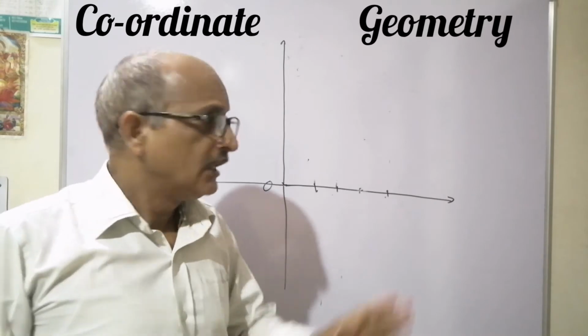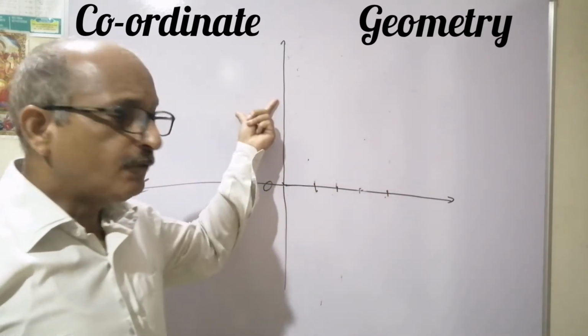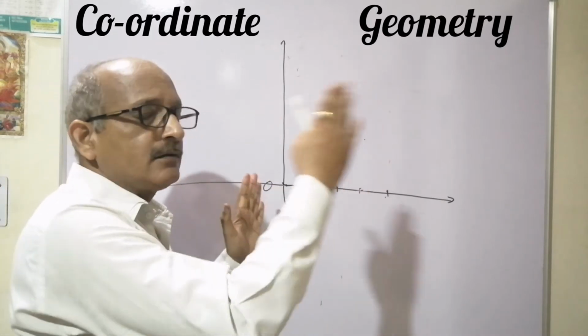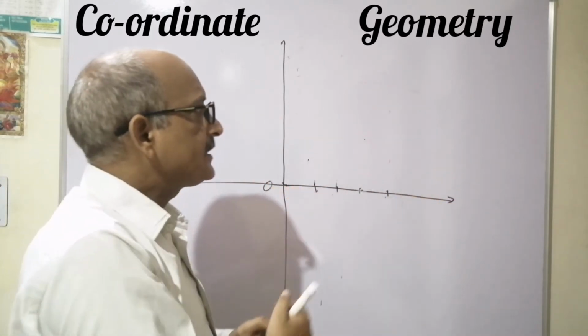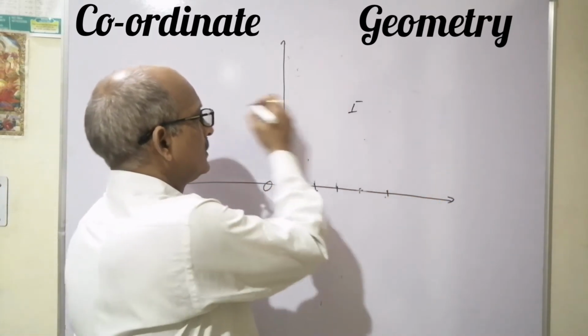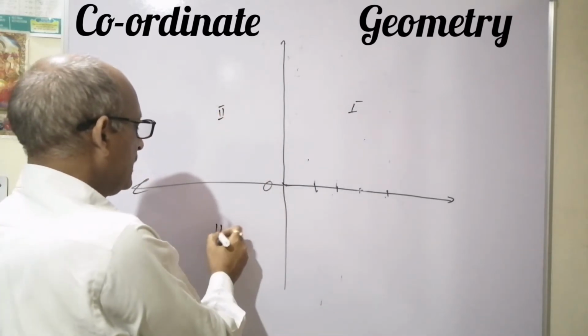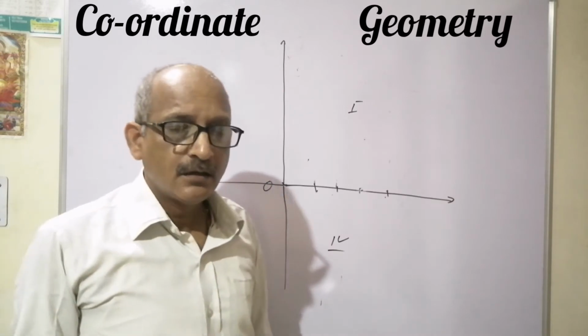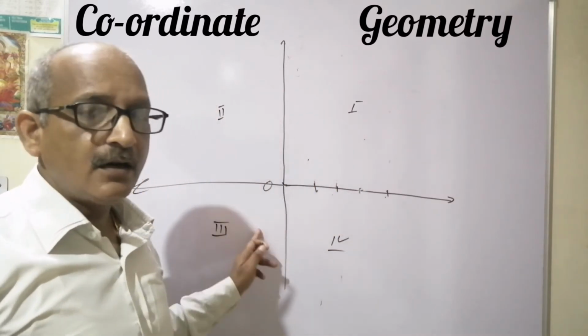Quadrant means 1/4, so it is 1/4, 1/4, 1/4, 1/4. First we start from the top right. It is the first quadrant, second quadrant, third quadrant and fourth quadrant.